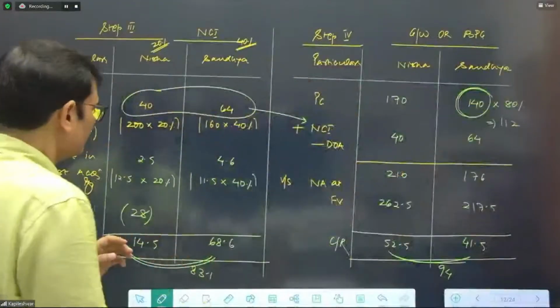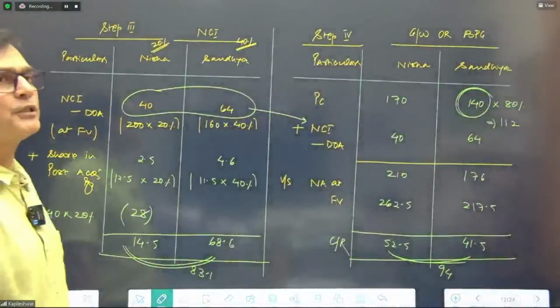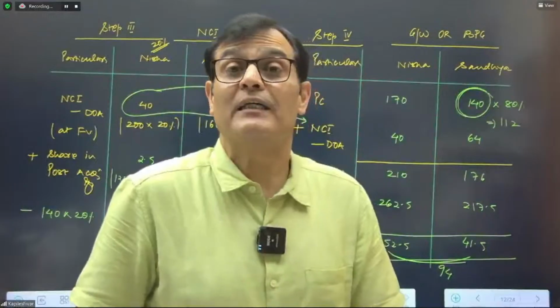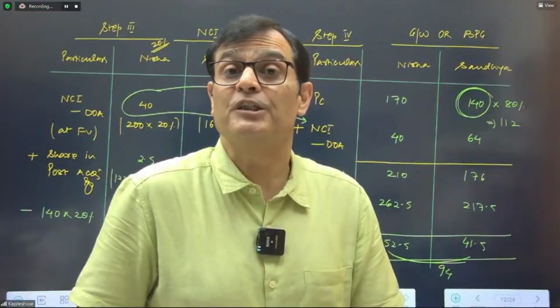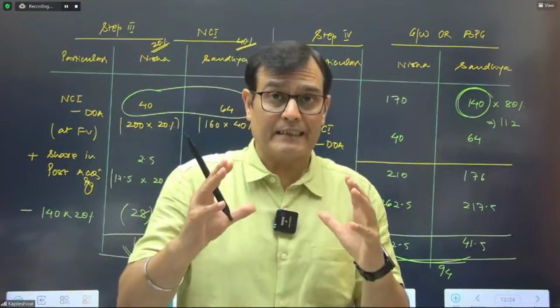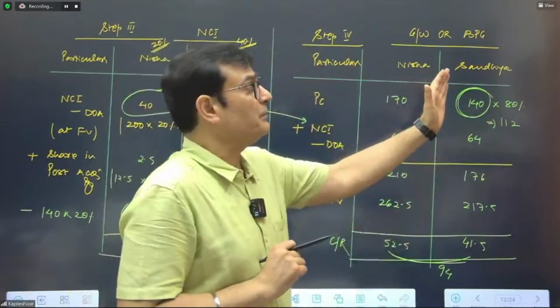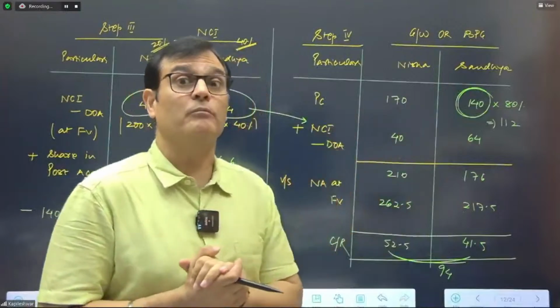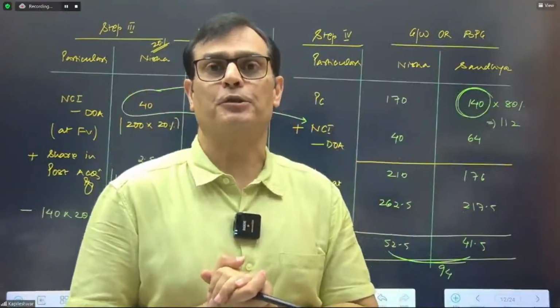So what we have done, we have taken the 28 reduction from Nisha, because the 28 is a funding by the NCI of Nisha. Therefore, since in the calculations of goodwill, 80% investment is taken, the remaining 20% didn't get removed from the balance sheet in the consolidation process.